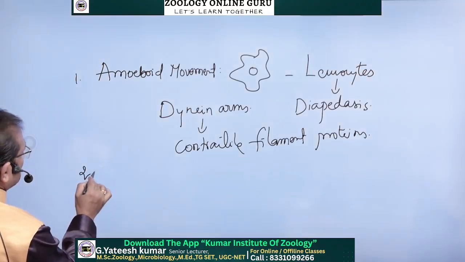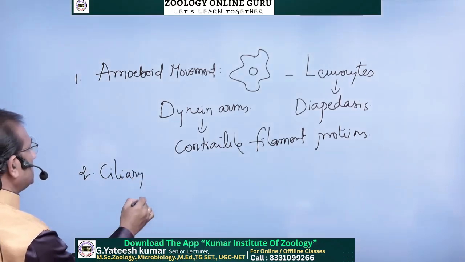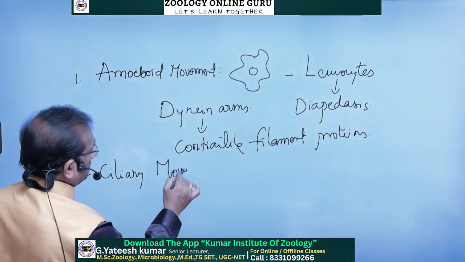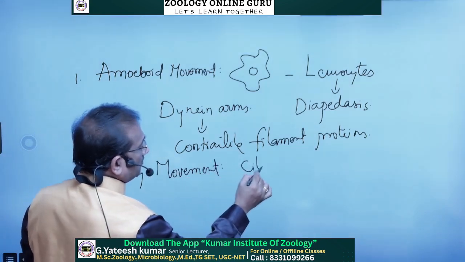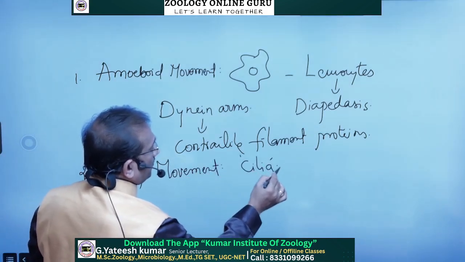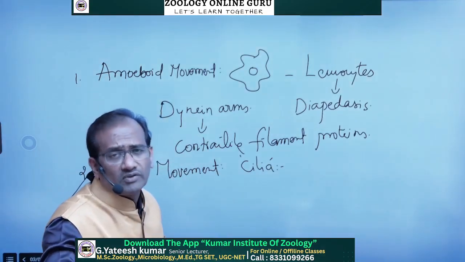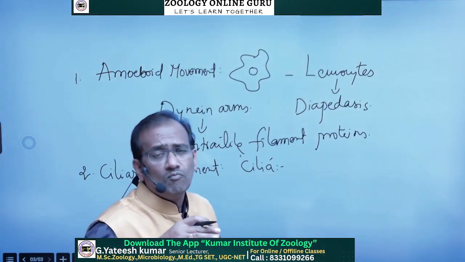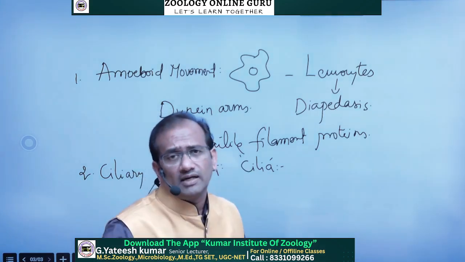The second one is ciliary movement. In ciliary movement, cilia present on the cell surface or on the body of the organism are responsible for the movement. The movement of the cilia creates the movement of the organism.